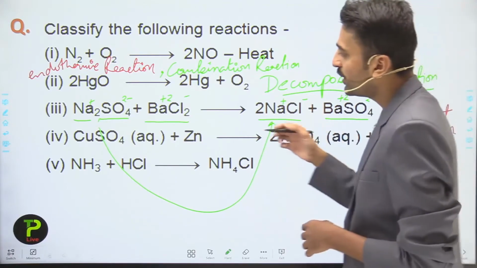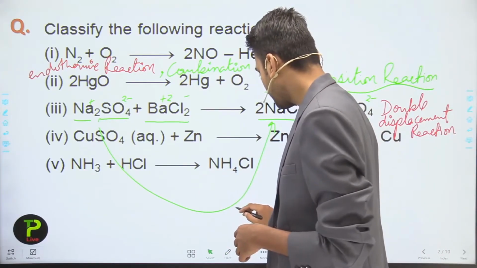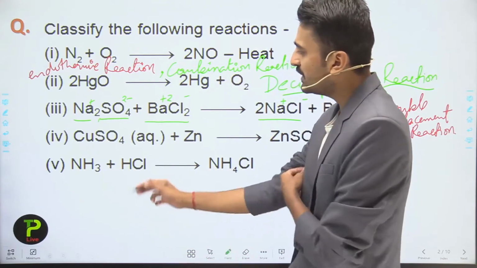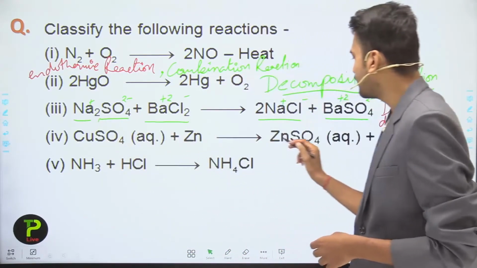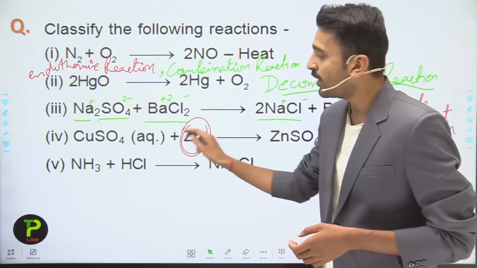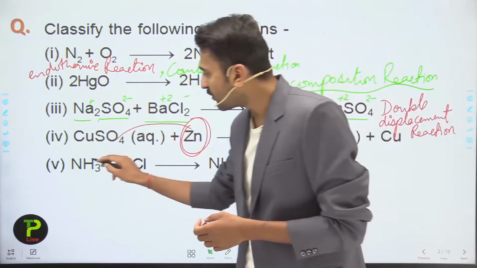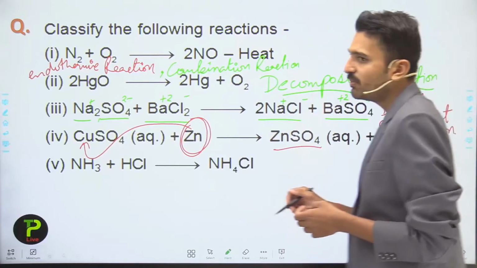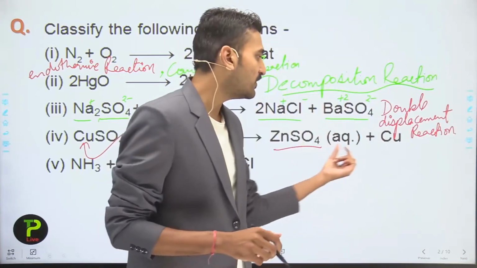Now moving into the fourth type, that is CuSO4 plus zinc gives ZnSO4 plus Cu. Here you see that zinc metal, which is more reactive than copper, is displacing copper from its salt solution, thereby forming ZnSO4, and the displaced copper comes out of the solution.